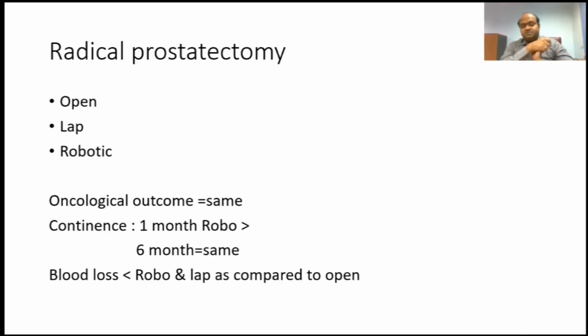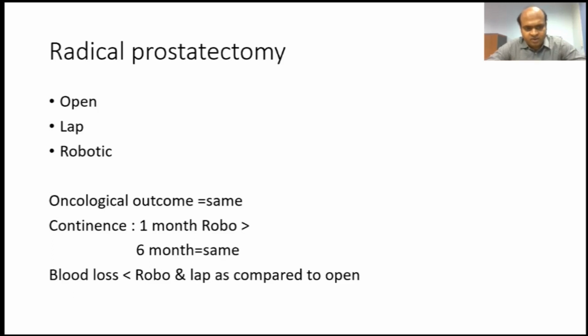Of late, in the last maybe 10 years, robotic radical prostatectomy has really been popularized worldwide, and it has definitely reduced the morbidity as well as the difficulty level of prostate surgery from the surgeon's point of view.